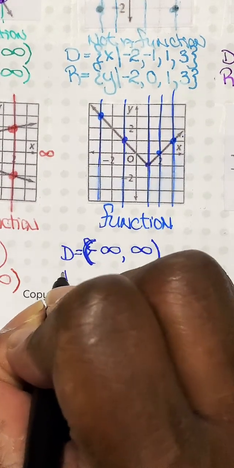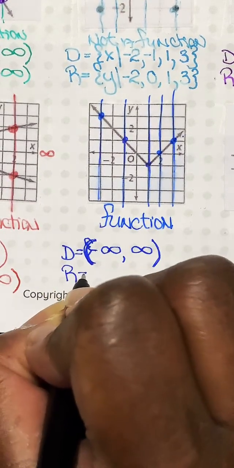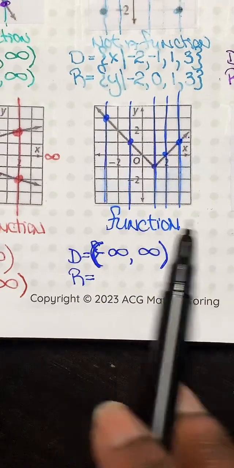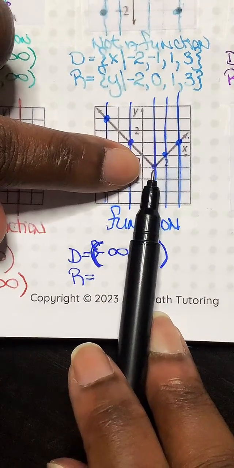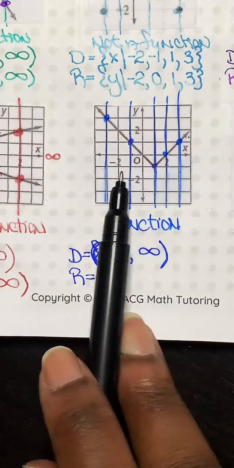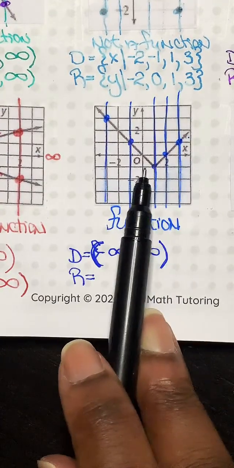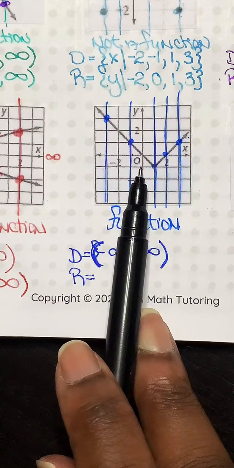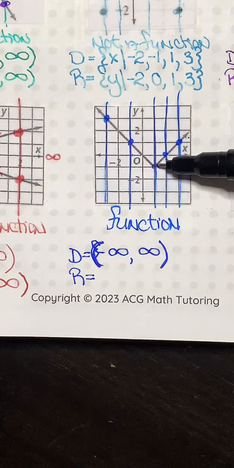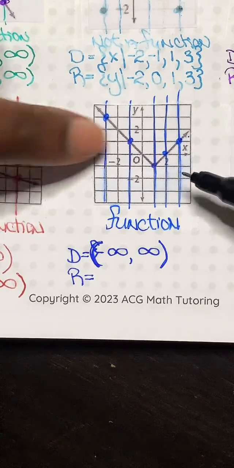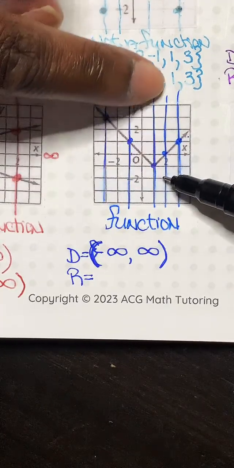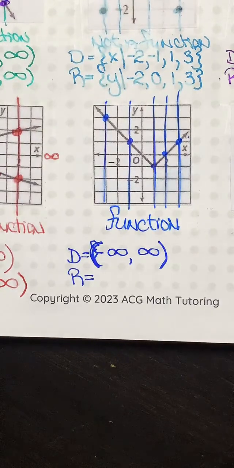Whereas the range, we want to start from the lowest to the highest. This vertex right here is my lowest point, and the y value at that point is -1. But I notice my graph is opening upwards and it's going to keep going all the way to positive infinity.